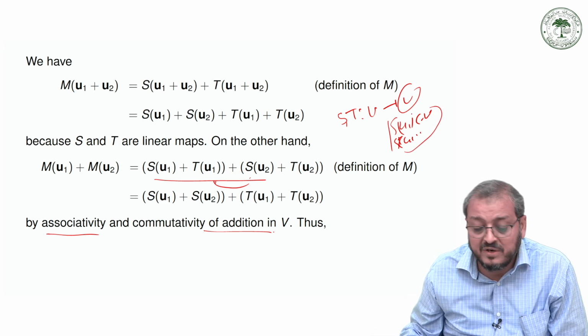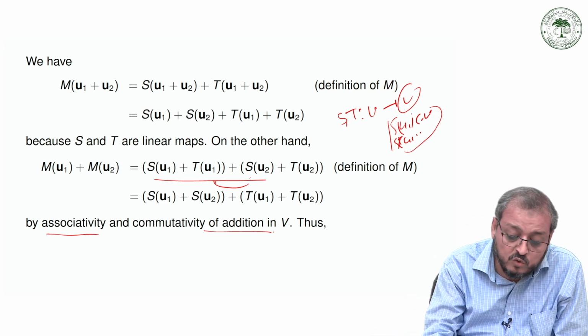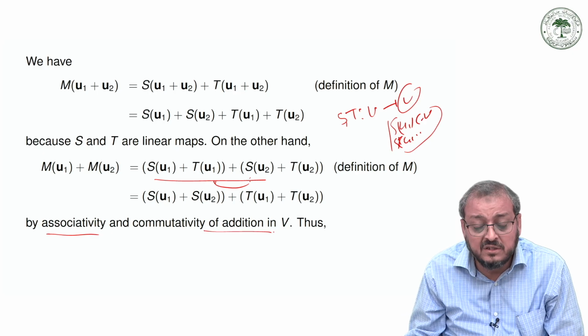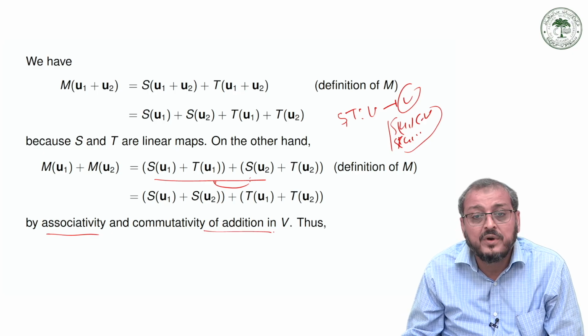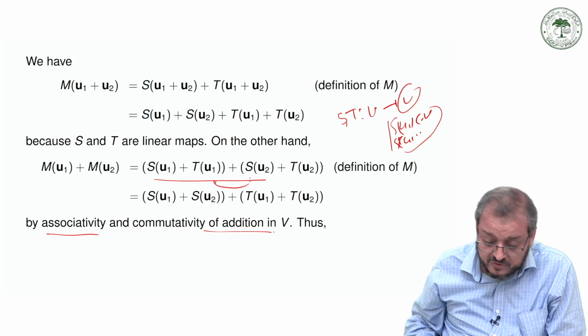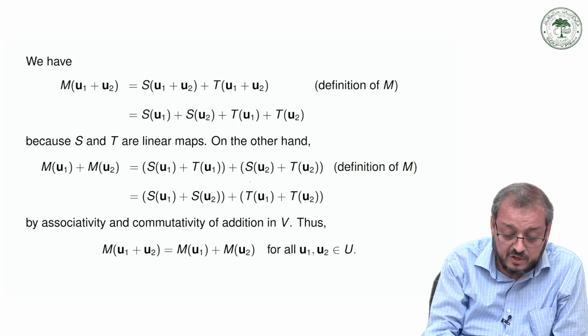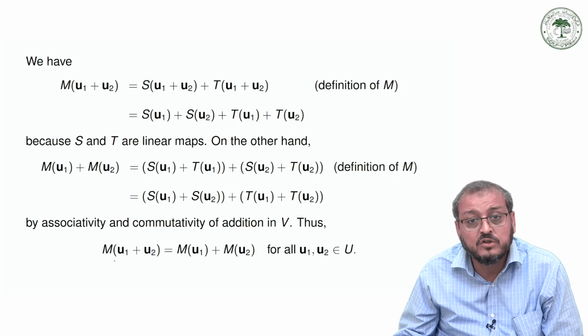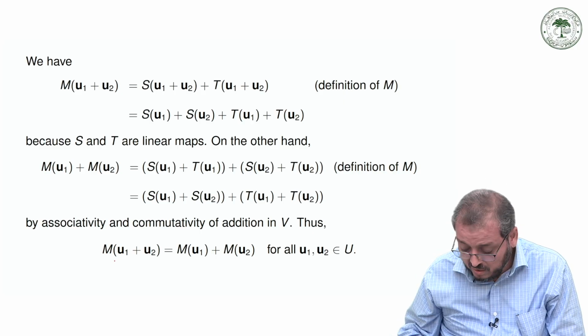So by the vector space we can use the associativity and commutativity conditions in V. So this means m of u1 plus u2 is the same. So the first condition clearly holds.